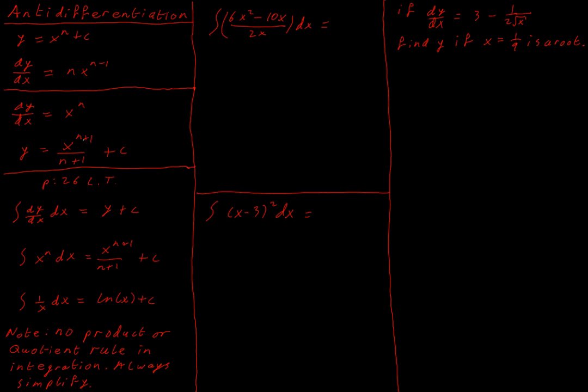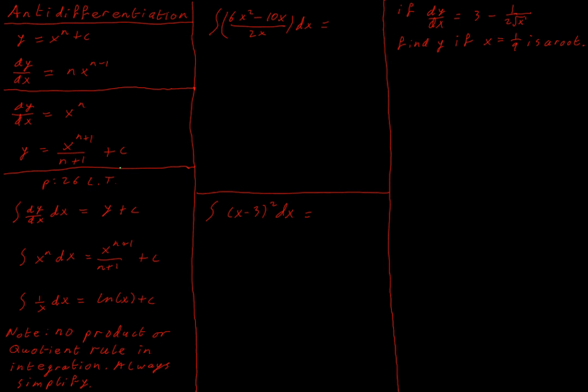So we would add 1 to the power and divide by the new power. And because when we differentiated, we would have lost any constant that was involved in the y, we say that we add back some constant, and we need more information to figure out what that constant is.